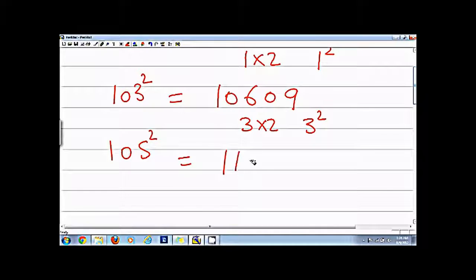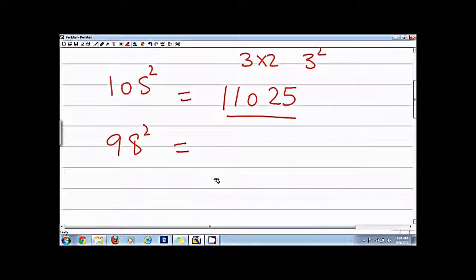The answer is this. Now if I have a number less than 100, for example 98, in this case our x is 2 less than 100, so that will be minus 2 into 2, which is minus 4. So 100 minus 4 is 96, and then minus 2 square is 4, so 9604.